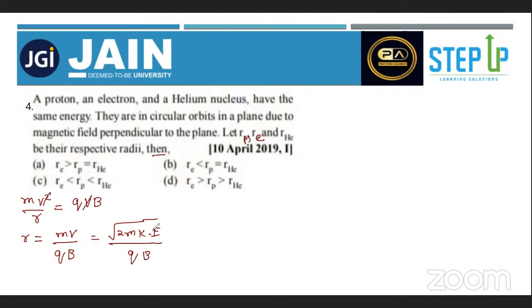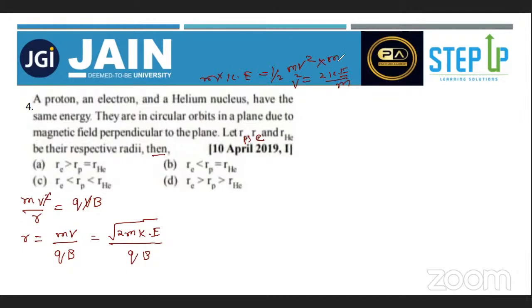Half mv² we are using. Kinetic energy is equal to half mv², so v² will be equal to 2K by m. I have to find the mv value, so I multiply both sides by m.